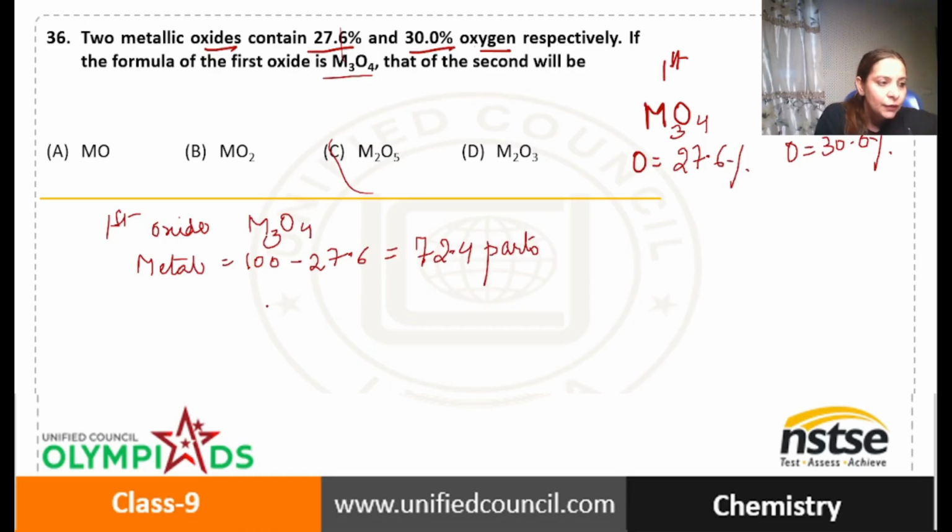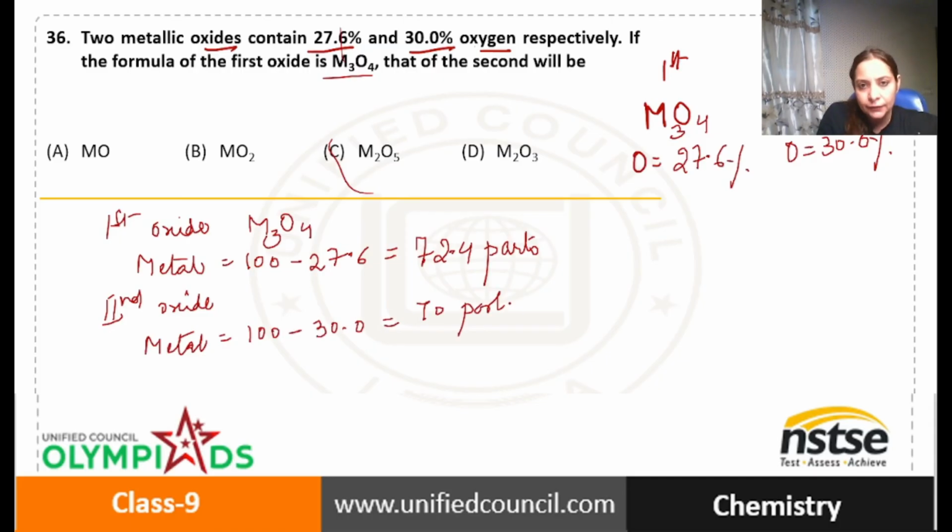In the same way we can find it for the second oxide. In the second oxide, the metal present would be 100 minus the percentage of oxygen, which comes out to be 70 parts. Now, to find the formula, how can we do it?